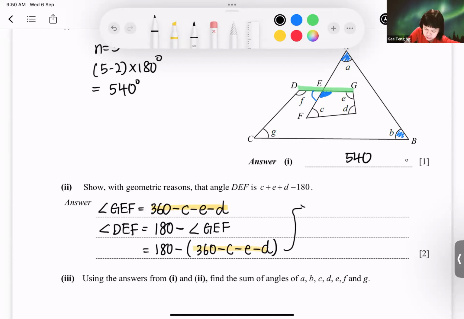Further simplify this: 180 minus 360, this one not 180. Negative 180, minus times minus.